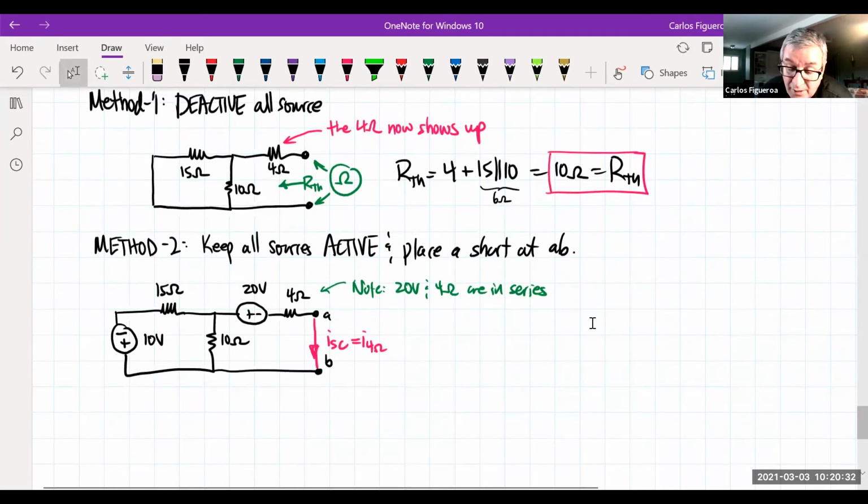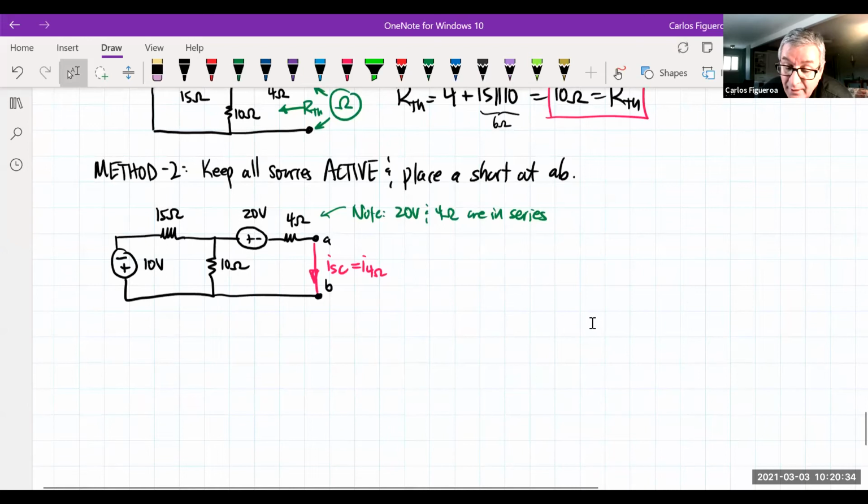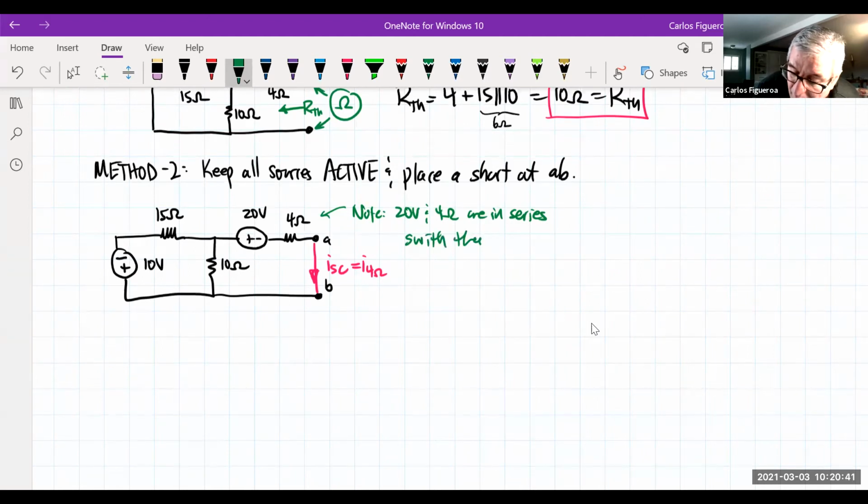If they're in series, I'm going to switch the 20 and the 4. So I'm going to switch their locations. And if I switch their locations, look what I get.